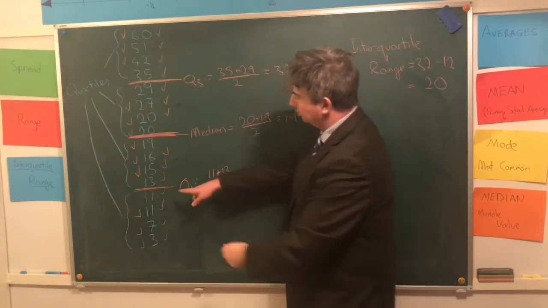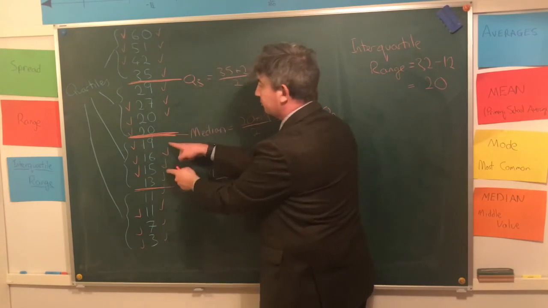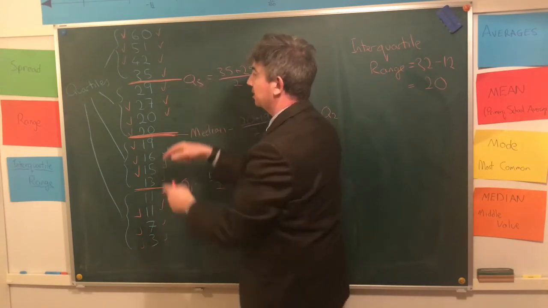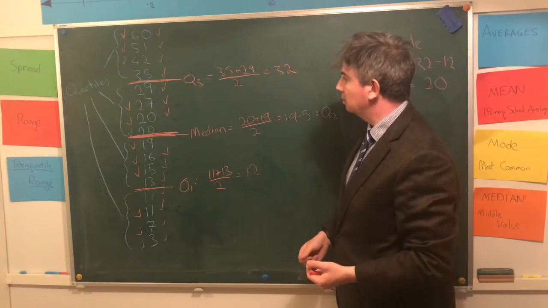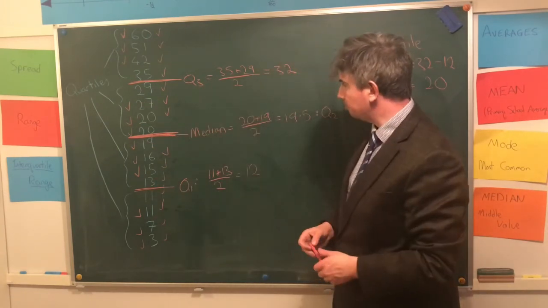So these 4 digits here are those 4 pieces of data, these 4 pieces of data, and these 4 pieces of data. Each of those is called a quartile. It's a quarter of the entire data set.